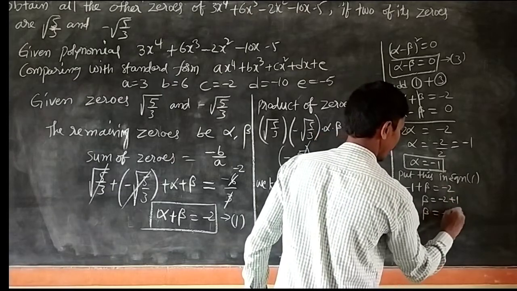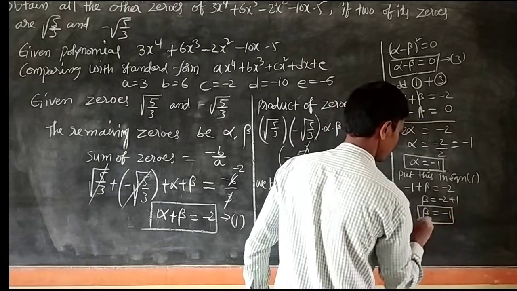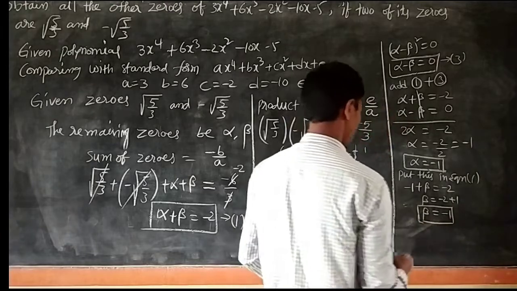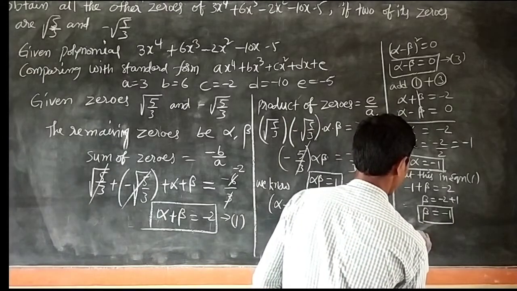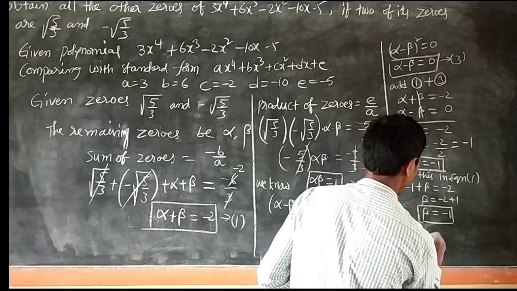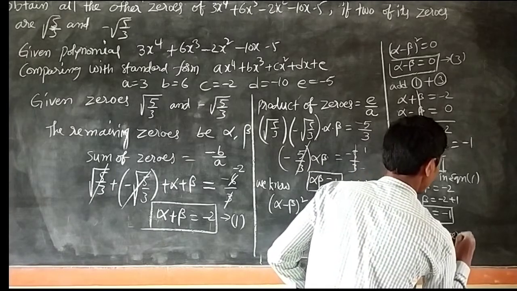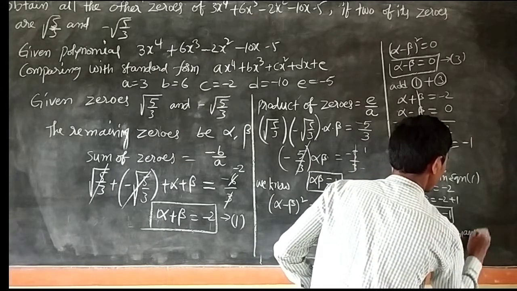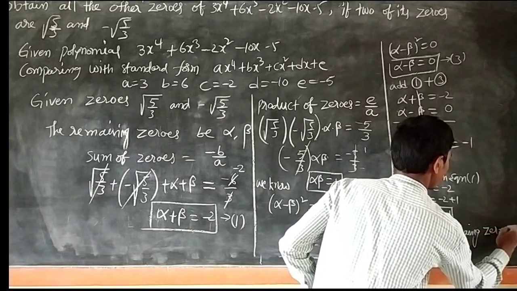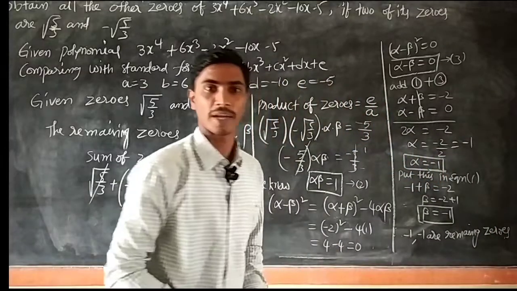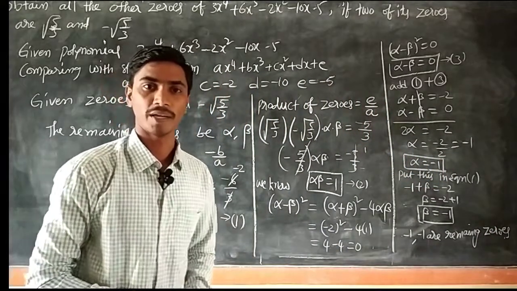Beta is equal to minus 1. Therefore minus 1 and minus 1 are the remaining zeros.